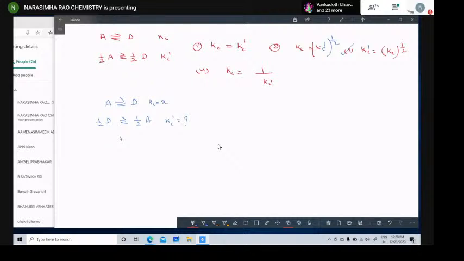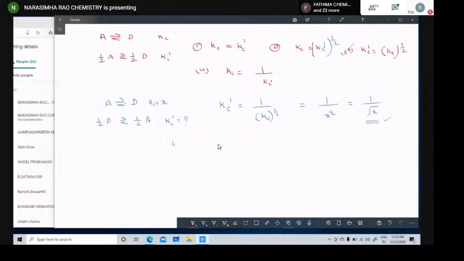X power 1. So this is a reverse reaction, so 1/Kc. The same equation is multiplied by 1/2, whole power 1/2. Kc is taken as X, so 1/X whole power 1/2 is equal to 1/√X. It's clear.